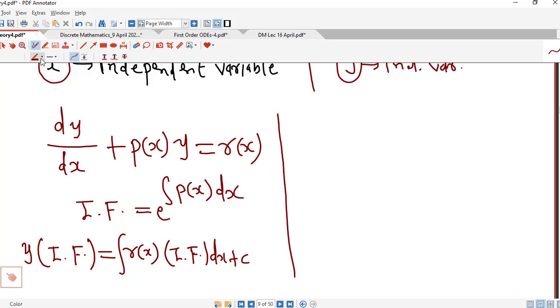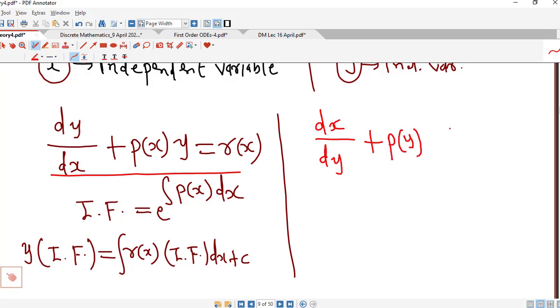Now if our differential equation is not linear when we consider y as the dependent variable, but it is linear when we consider x as the dependent variable, then it will be written in this form: dx by dy plus some function of y into x equal to some function of y. So instead of p(x) and r(x), we have p(y) and r(y).